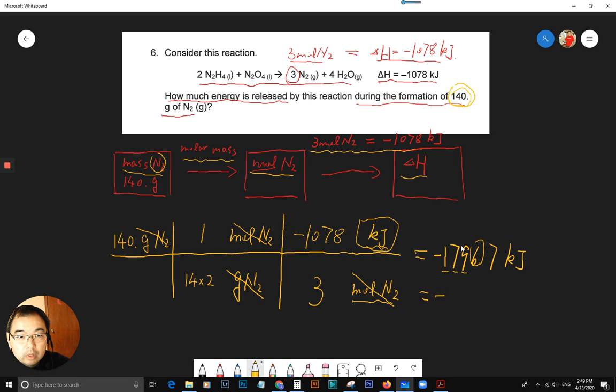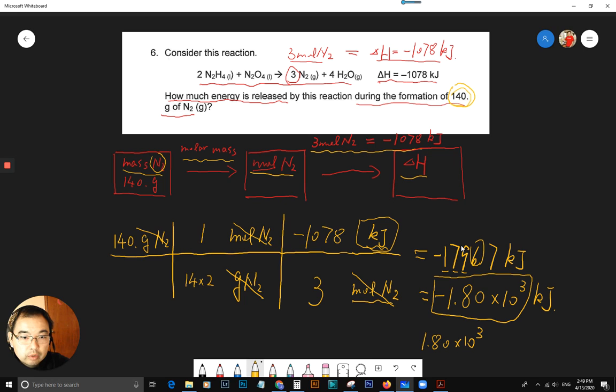So it's 1.80 times 10 to the 3 kilojoule. Okay, and this is the energy that is going to be released. And the final answer is 1.80 times 10 to the third kilojoule of the energy is released.